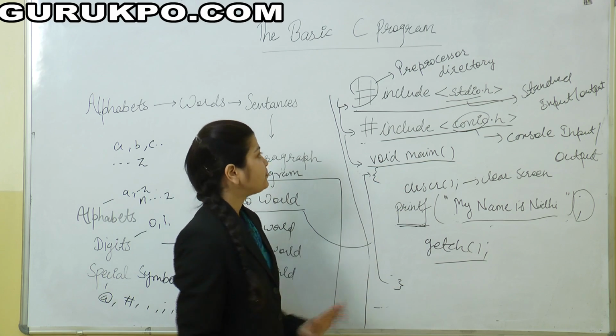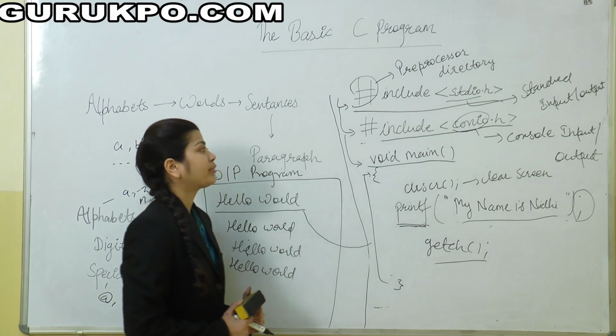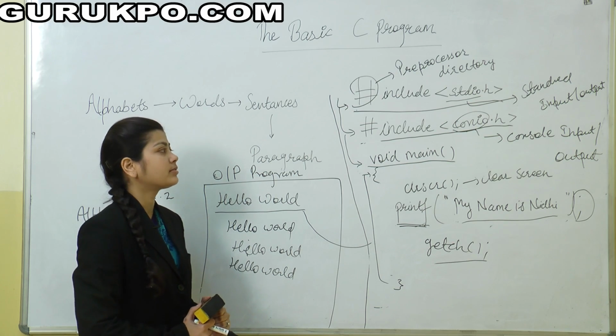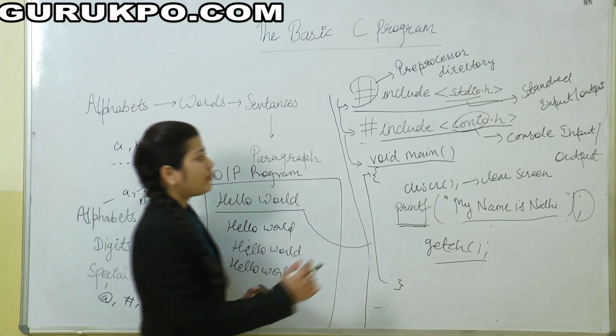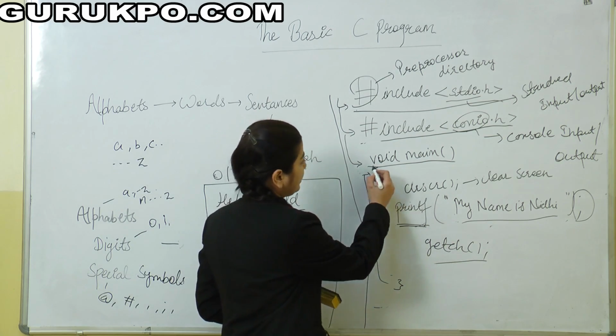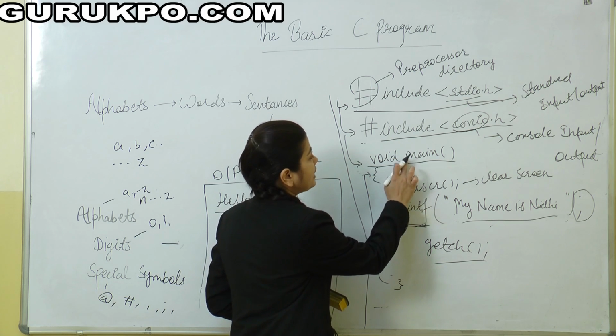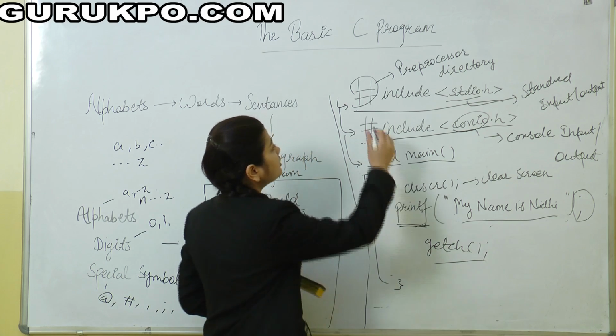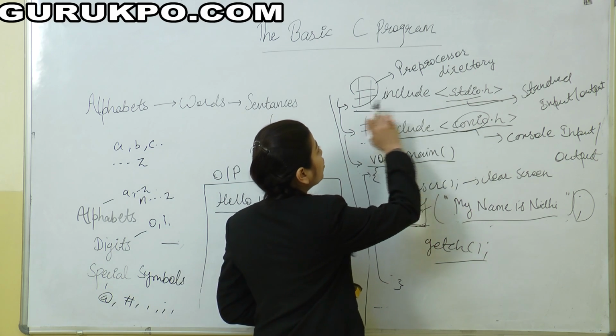The C programming language is a case sensitive language, so we have to write all the letters in small letters and leave spaces between words. For example, here void and a single space, and after that we write main. And here there is no space in the whole line.